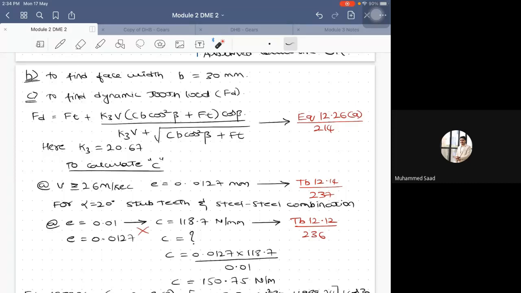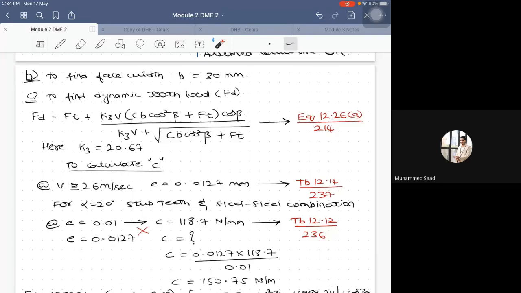From one table you will get C, and for that value of C you require the value of E. For getting E, you have another table from which, from the velocity, you will get the value of E. Since V is greater than 20 meters per second, which is the highest value in that table, we'll take the error value E equals 0.0127.